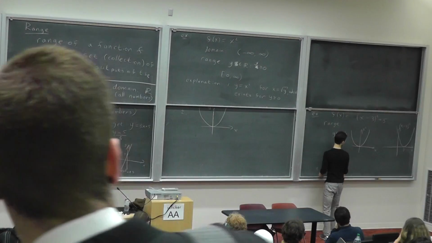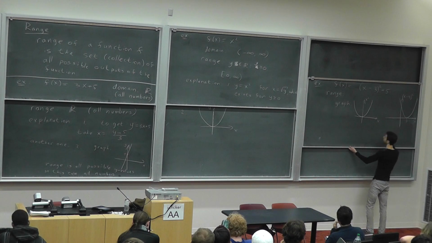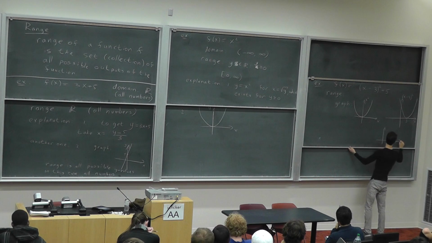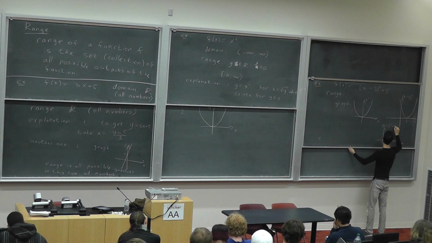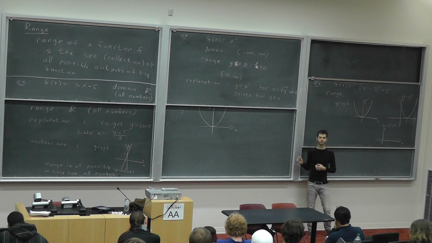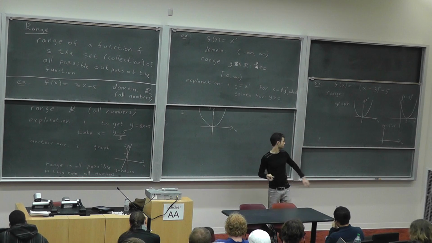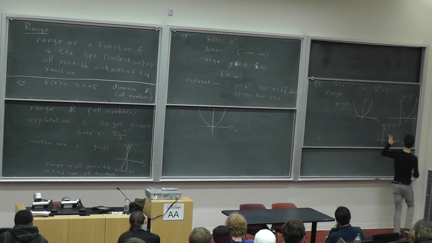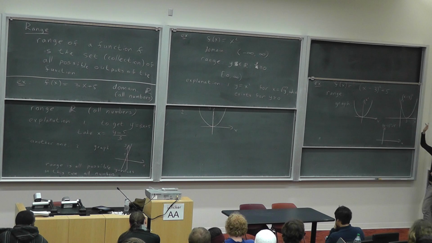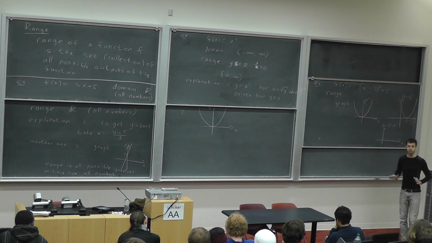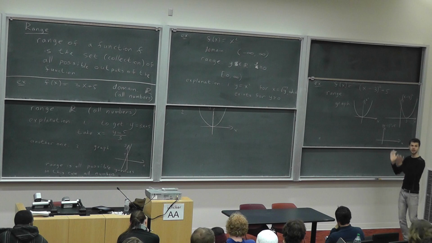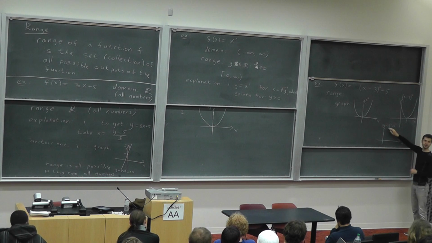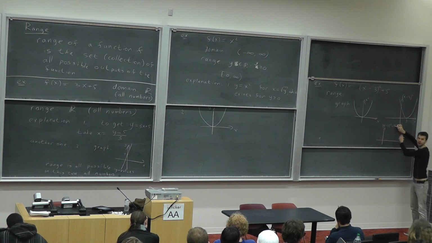And finally, (x minus 3) squared plus 5. How can I get the graph of this function out of the graph of this function? Yes, so lift it by 5 units. Shifted by 5 units up. Because I'm taking the same output, but then adding 5.